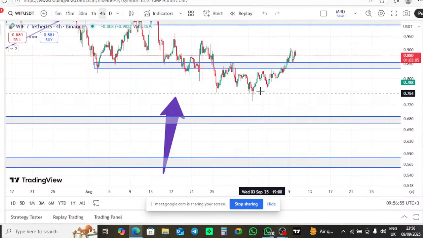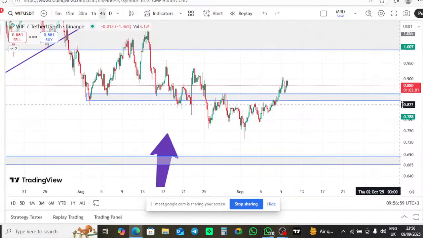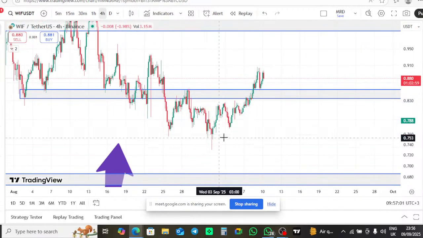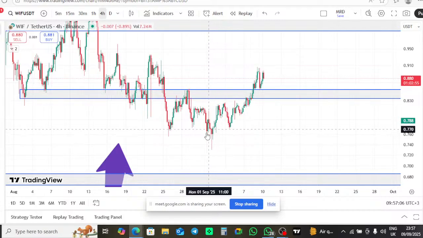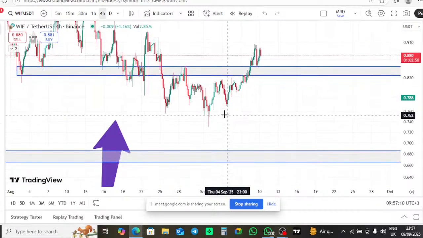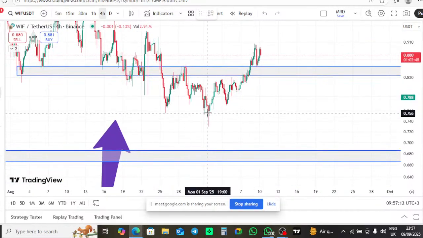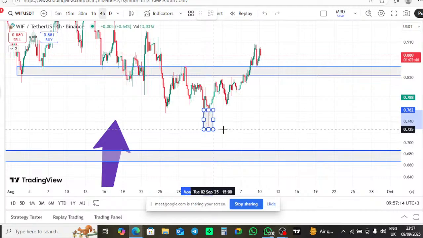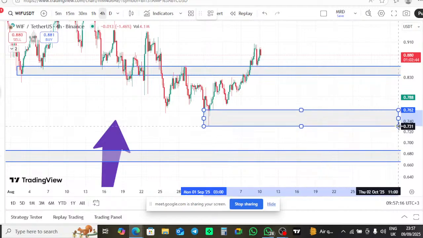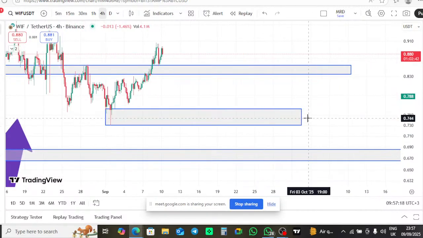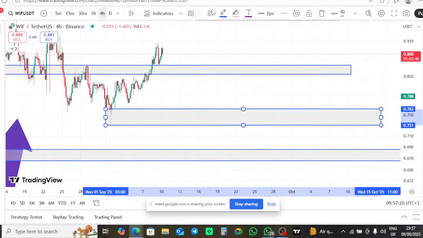If we are on 4 hours, automatically we consider this as our discount level. Now, since this is our discount level, after the market rejected this area, we make it green on 4 hours.